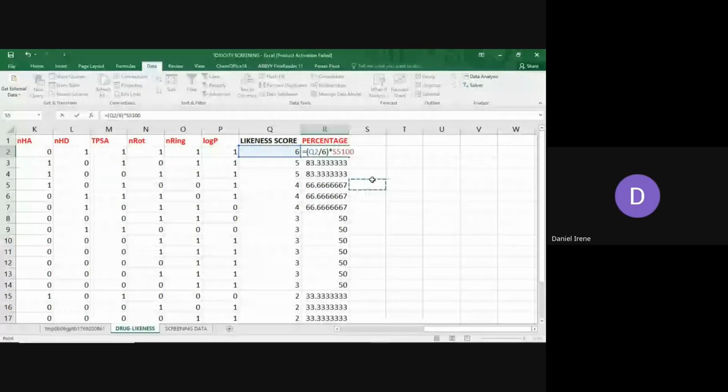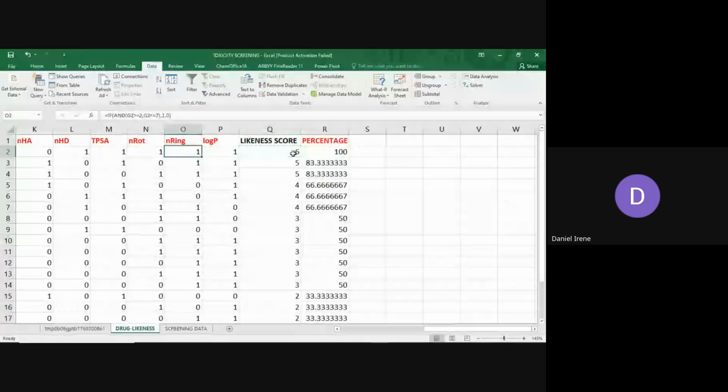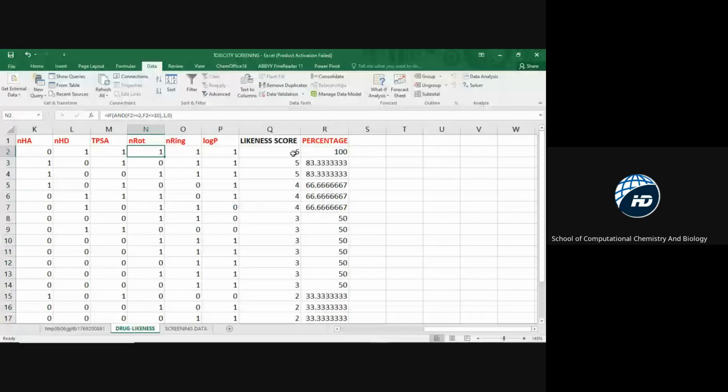Sir, that likeness score, did you just decide to choose a range of 1 to 6? How did you come about that likeness score? Because the Hendeb model has 6 parameters.